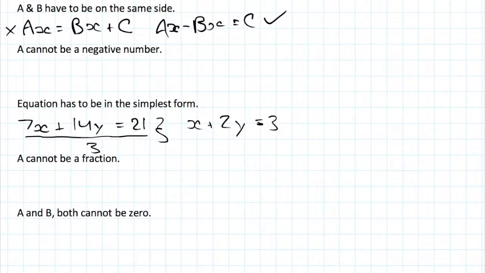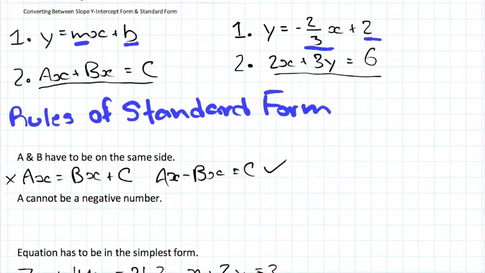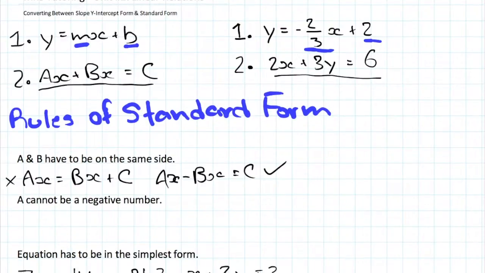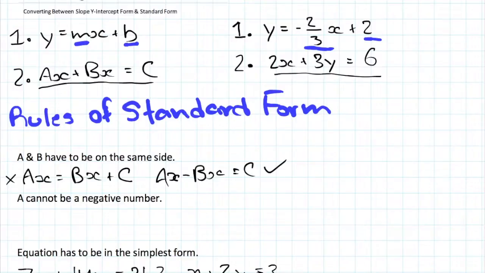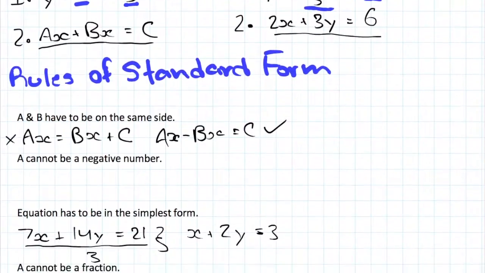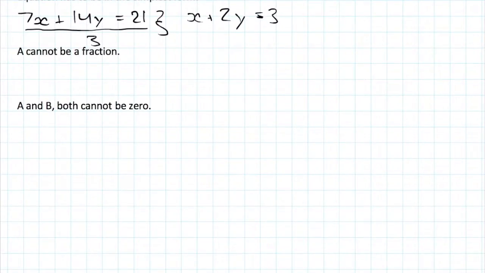Let's use our previous example that we have above with y is equal to negative 2 over 3 x plus 2 as our slope y-intercept form and 2x plus 3y is equal to 6 as our standard form. So let's write that down here. We say that y is equal to negative 2 over 3 x plus 2, right? And now we want to convert that into the standard form, right?